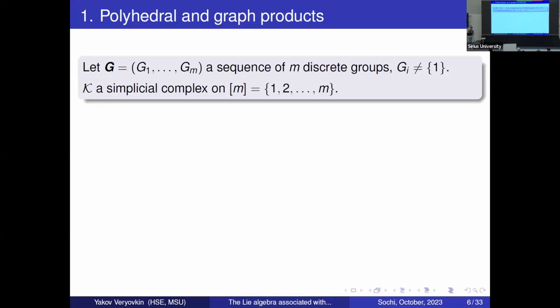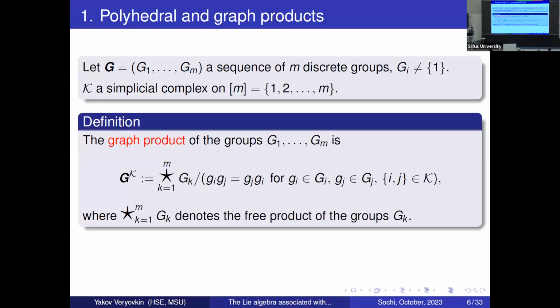Let G_i be a sequence of m discrete groups, where all G_i are non-trivial groups, and K is a simplicial complex on the set M. We have a definition, similar to the polyhedral product, of the graph product of the groups.